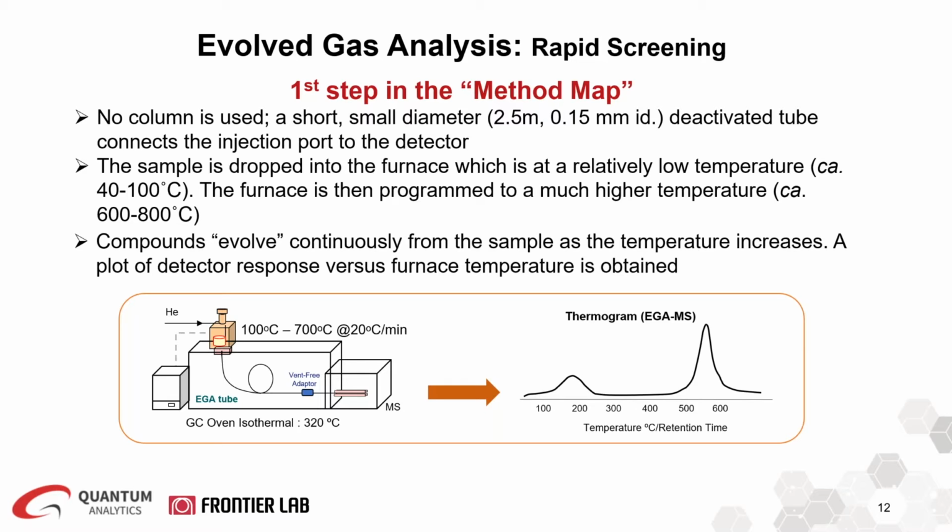Compounds evolve continuously from the sample as the temperature increases. A plot of the detector response versus furnace temperature is then obtained, as you can see here. Your x-axis is the temperature as well as the retention time, and the y-axis is the intensity of the MS.